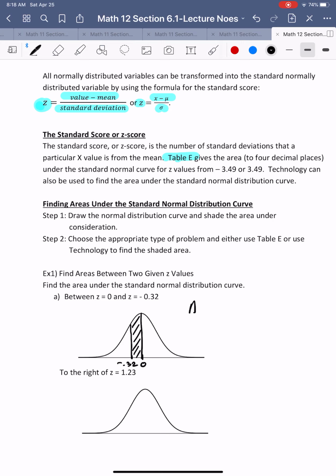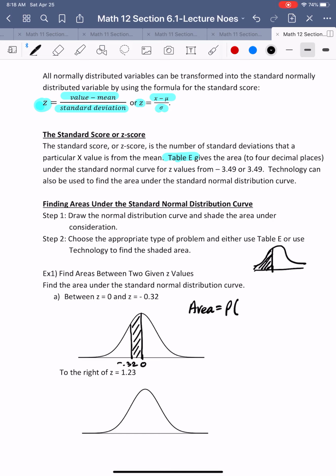Find the area, which is the probability, but the score that you're seeing from Table E always gives you the area on the left.